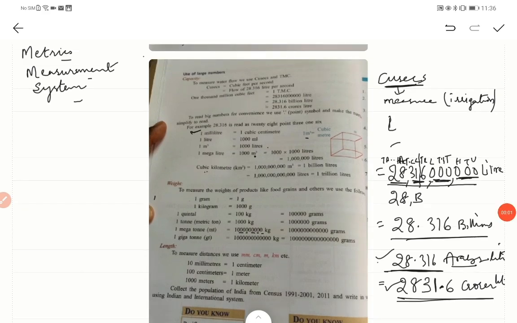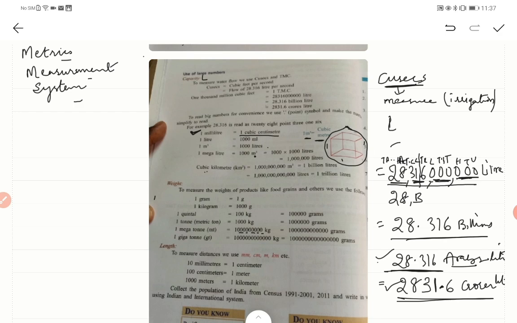1 milliliter is equal to 1 cc, that is cubic centimeter. So what does liter mean? It is the capacity measurement, isn't it? So for the capacity of the cuboid, we take cubic meter. The volume of this cuboid is meter cube. If all the sides are 1 meter, we have meter cube as its volume.